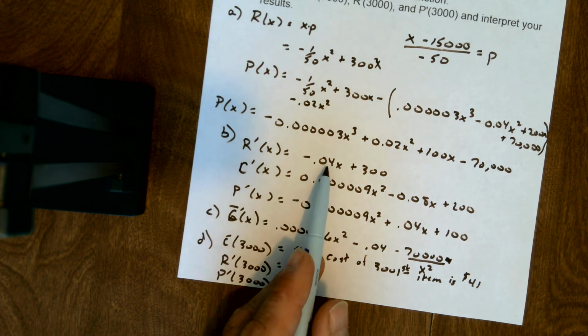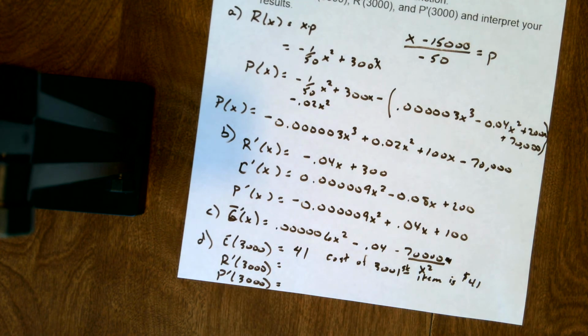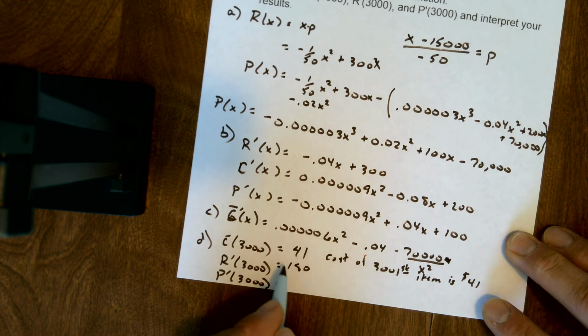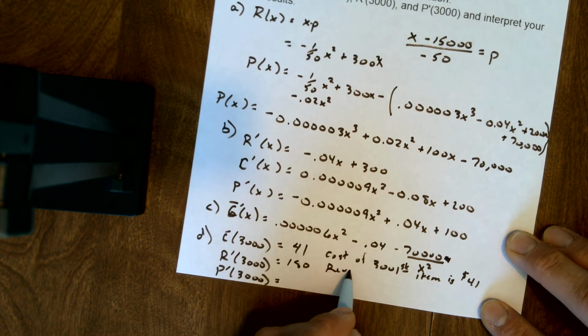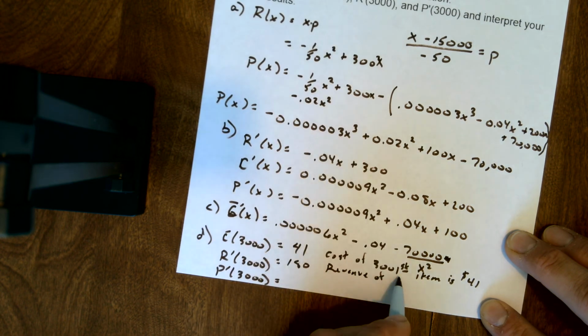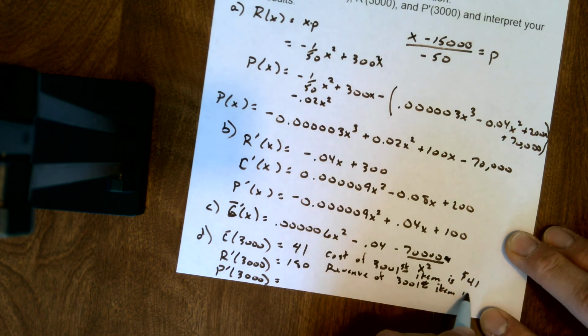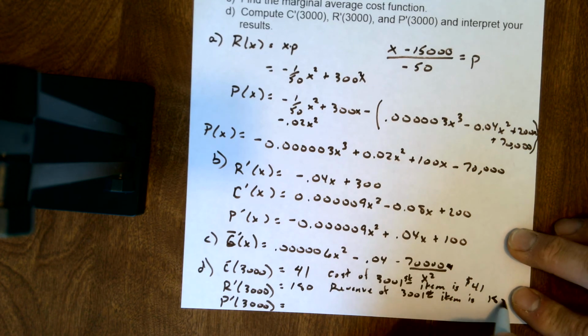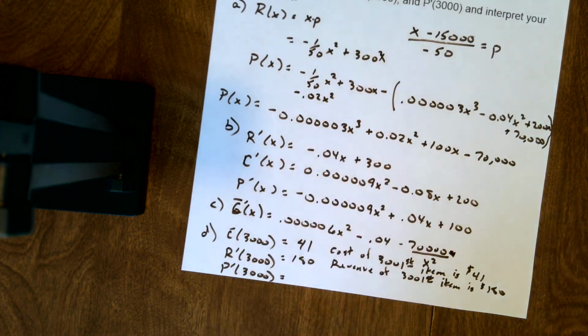The revenue for the 3,001st. So we go to our revenue. We can type in negative 4/100 times 3,000, and to that, we're going to add 300. And we get 180. So that's the revenue of the 3,001st item is $180. And our profit function.